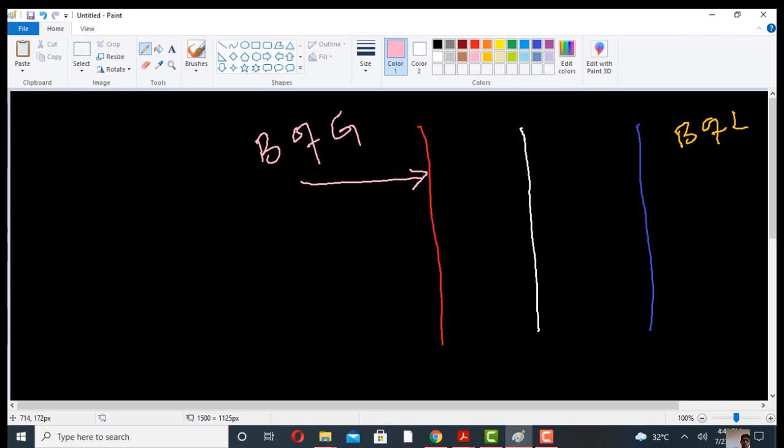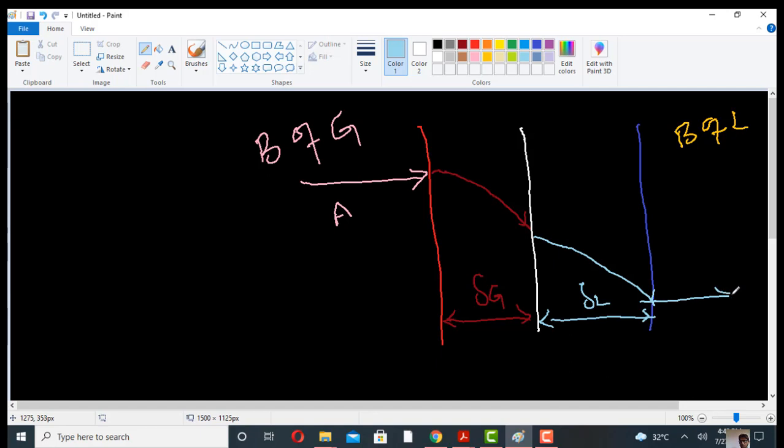The component A is transferring from the gas phase. It passes through the gas film having thickness delta G. Then it passes to the liquid film having thickness delta L. Then it passes to the bulk of liquid.